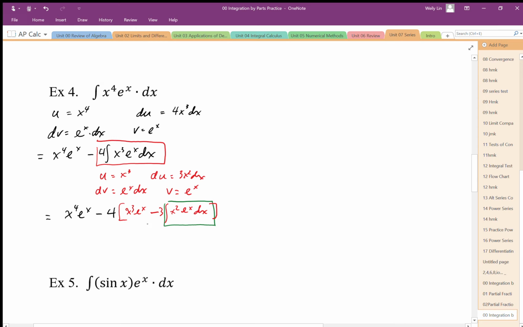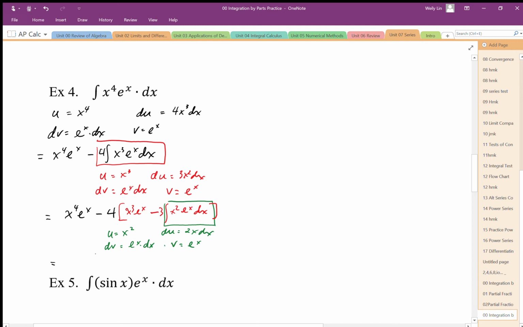So u is going to be equal to x squared. My dv will be equal to e to the x again. du is equal to 2x dx. v is equal to e to the x. And I'm going to reapply this formula.